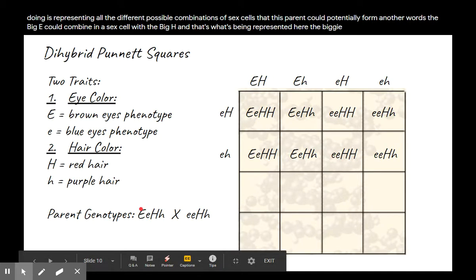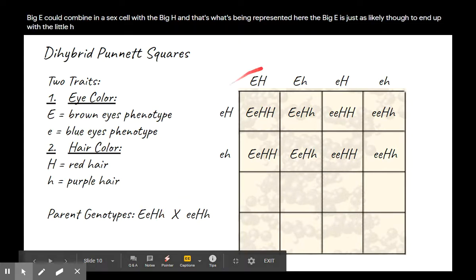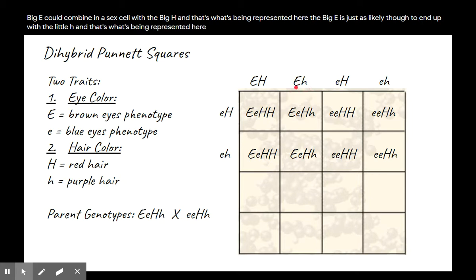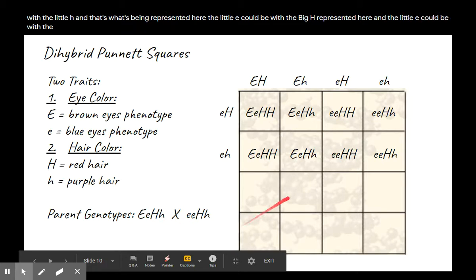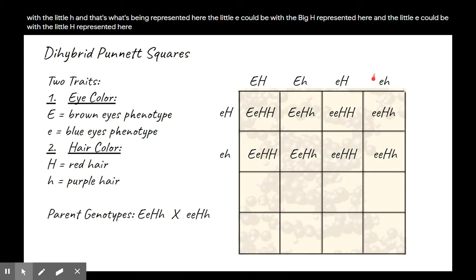The big E is just as likely, though, to end up with the little h, and that's what's being represented here. The little e could be with the big H, represented here, and the little e could be with the little h, represented here. 1/4 of his sperm cells should have that combination. 1/4 should have that, and 1/4 that, and 1/4 that.